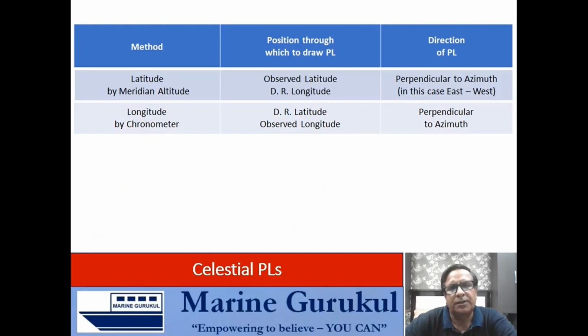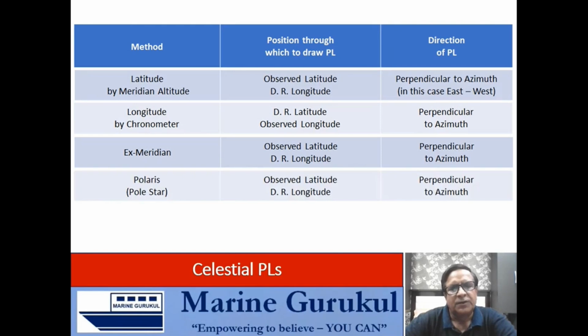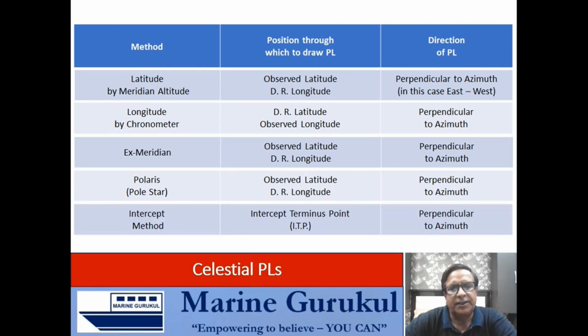Direction of the PL perpendicular to azimuth. Ex-meridian method: position through which to draw the PL is observed lat, DR long, and direction is perpendicular to azimuth. Polaris or the pole star: observed lat, DR long, perpendicular to azimuth. And lastly, intercept method: we draw it through a point called ITP, intercept terminus point, and the direction is perpendicular to azimuth.